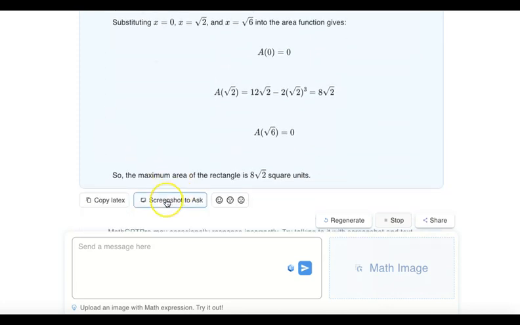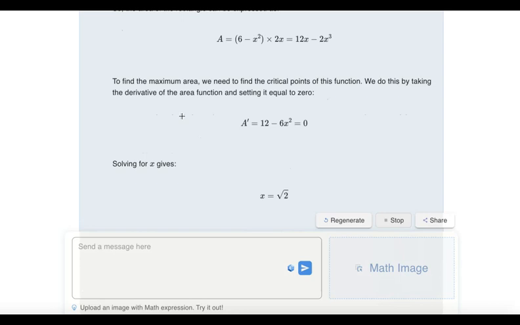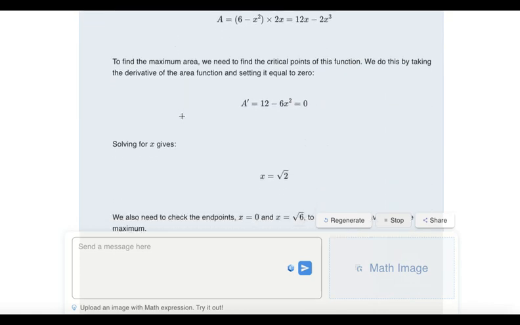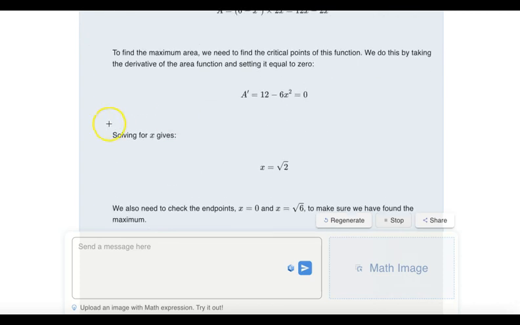Why is it better than ChatGPT? Because the user interface is more helpful, since it features screenshot to ask. So I click that and I'll screenshot this and I'll say, what about the solution x equals negative root 2?